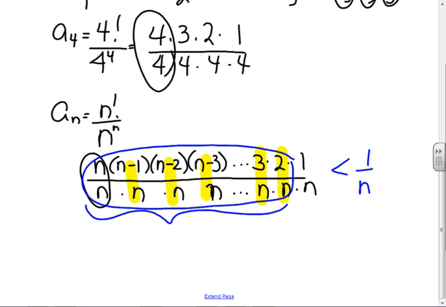I have to use the squeeze theorem. Do you believe that this whole fraction is always less than 1 over n? Well, let's look at this. What's 1 over n? It's 1/4. If I take this fraction, which is less than 1, and multiply it by a fourth, will it be less than a fourth? Yeah.